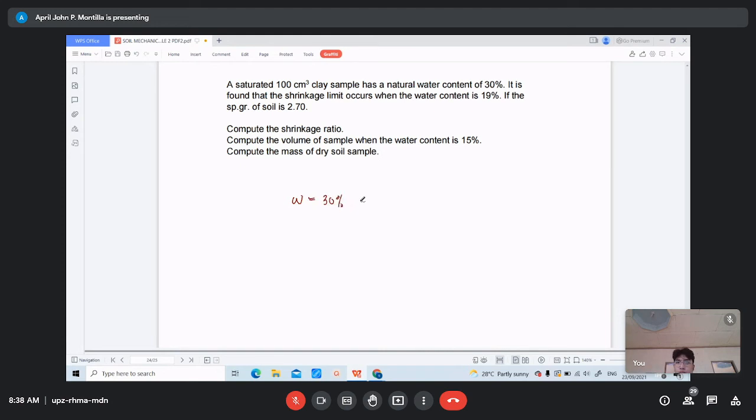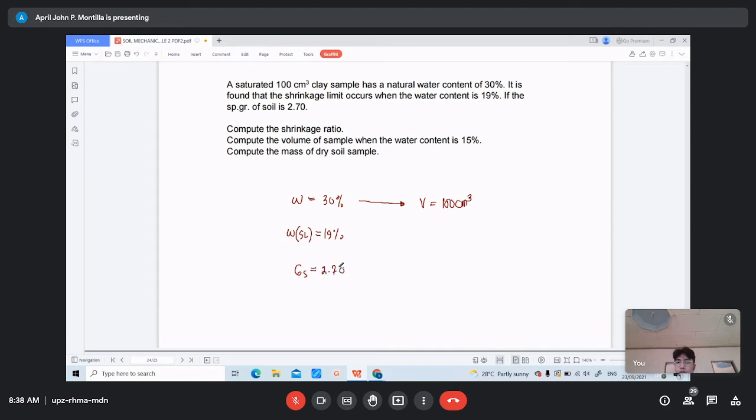When the water content is 30%, its volume is equivalent to 100 cubic centimeter. And the shrinkage limit, water content na 19%. So that is shrinkage limit equivalent to 19%. And then binigay yung specific gravity ng solids.